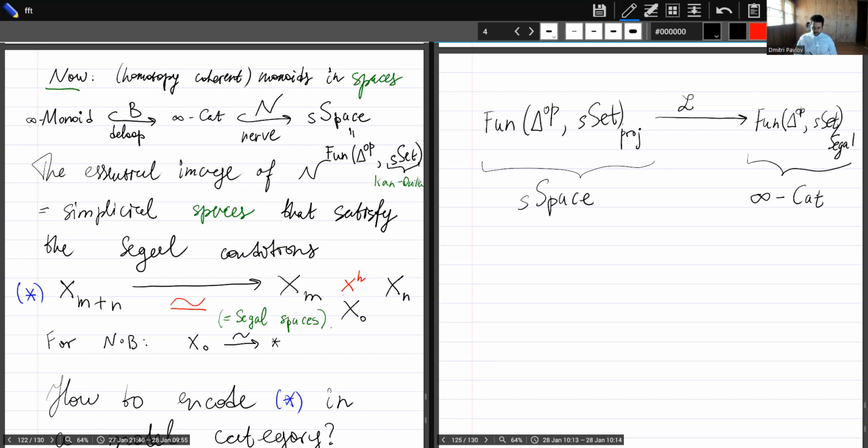And this functor L is of course the left adjoint to the nerve functor. So the right adjoint, you think of it as a right Quillen functor implementing the nerve functor.